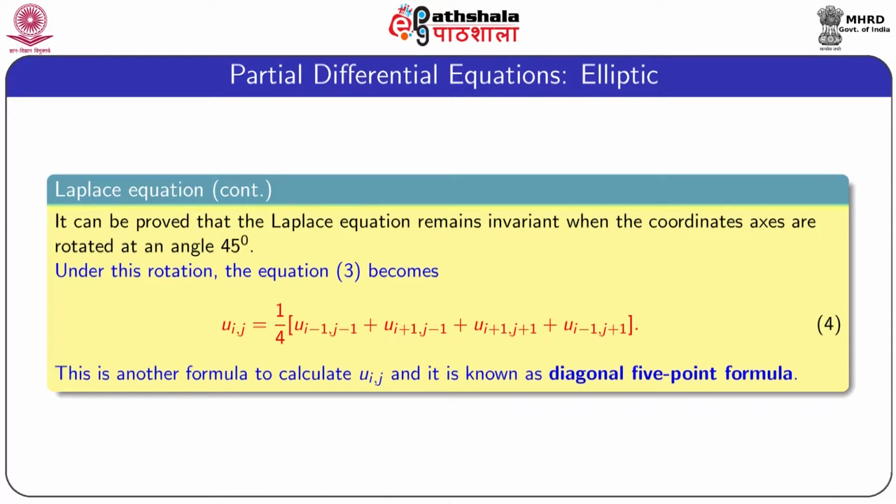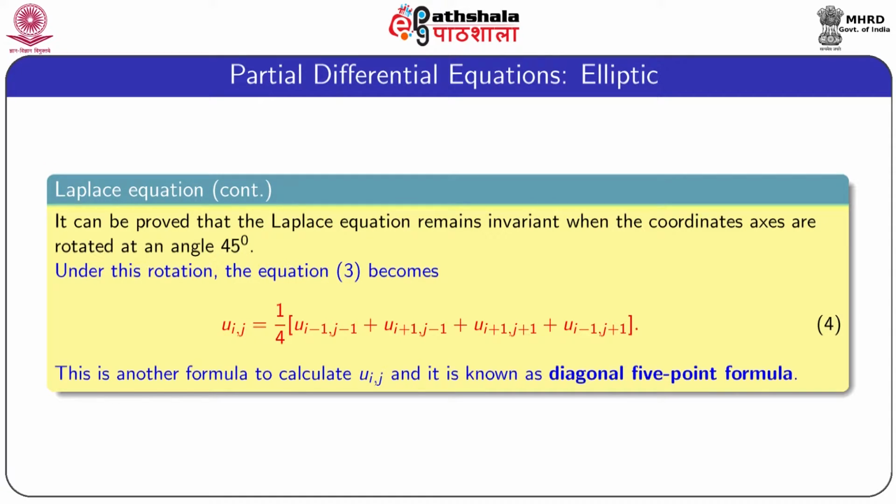This is another formula to calculate the value of u_ij, but in this formula we have to know the values of u(i-1, j-1), u(i+1, j-1), u(i+1, j+1) and u(i-1, j+1). If these four values are known, then we can calculate the value of u_ij as in the previous formula.